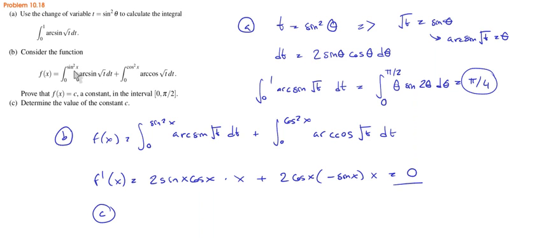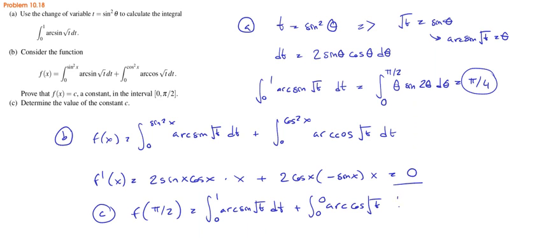So at pi over 2, f at pi halves is going to be the integral between 0 and 1 of the arc sine of the square root of t dt, plus the integral between 0 and 0 of the arc cosine of the square root of t dt. Now this is 0, and then this is pi over 4. Okay, so the value of this function in this interval is pi over 4.